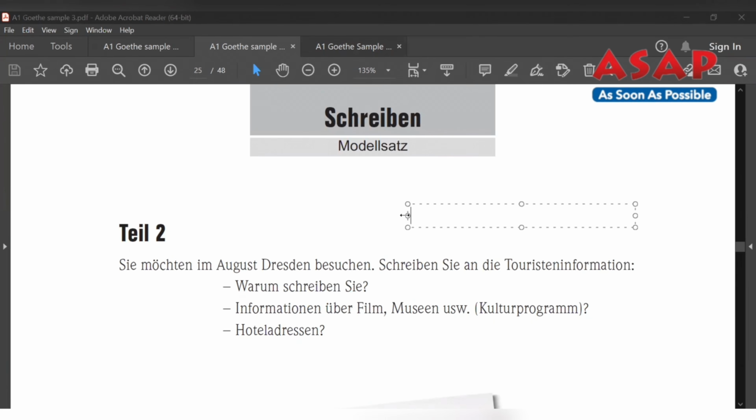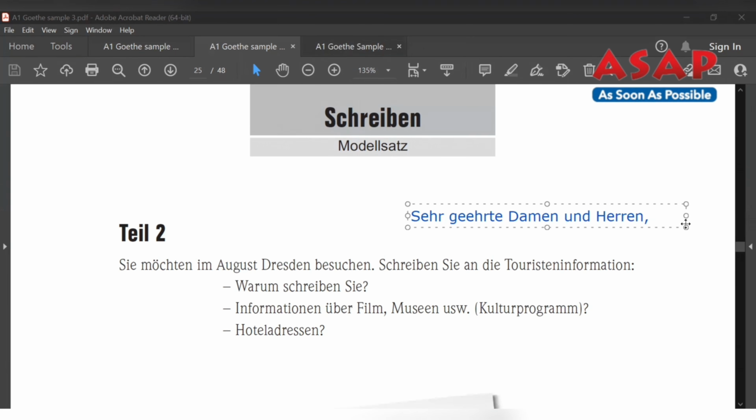Now here the greeting or the start, I will just tell you, you should start with this: Sehr geehrte Damen und Herren. When you don't know who is receiving the letter there, then this is the best way to start.